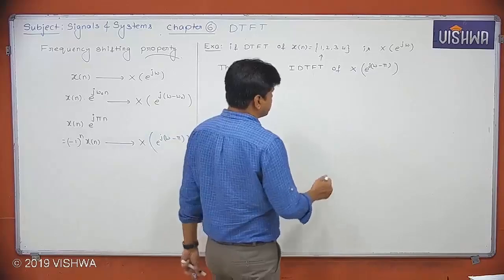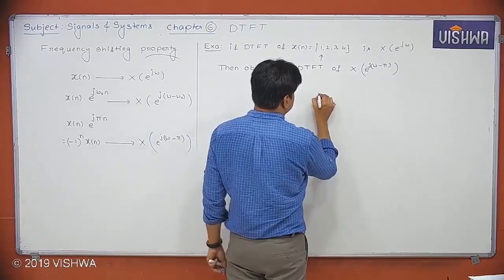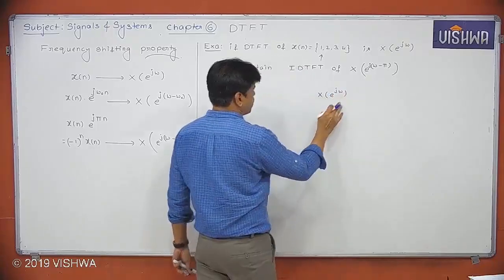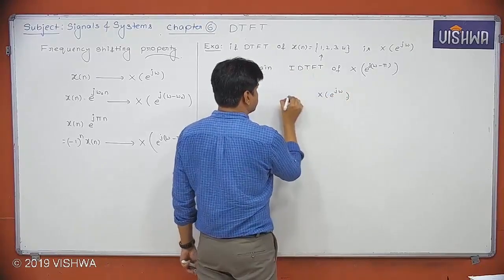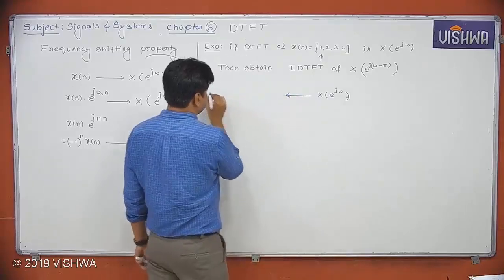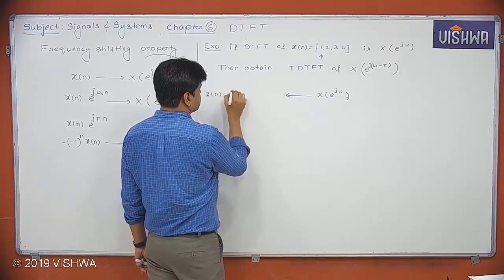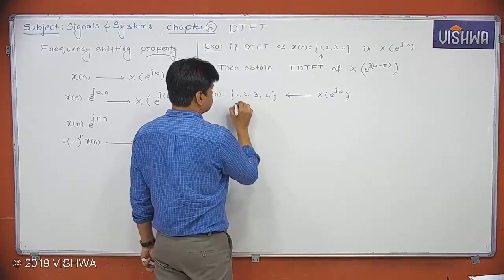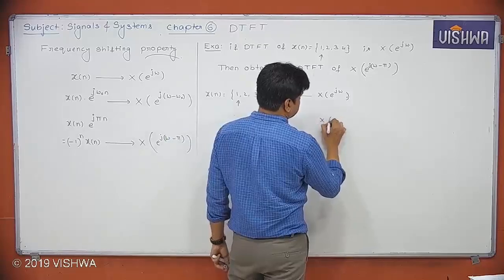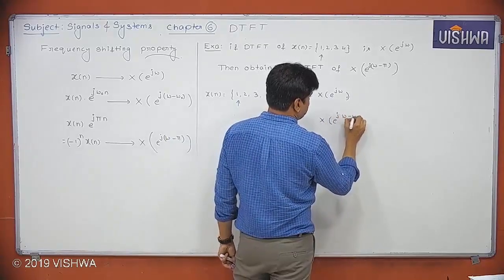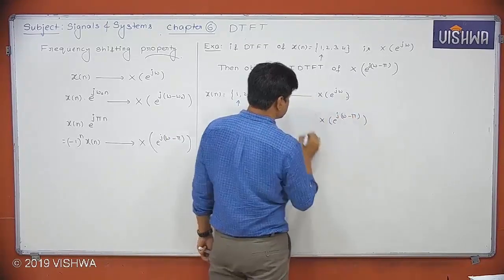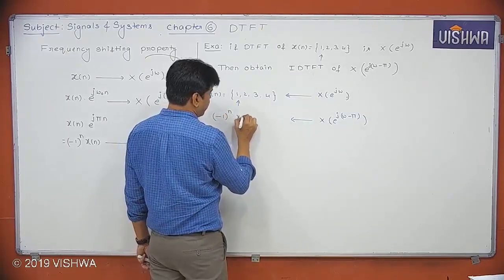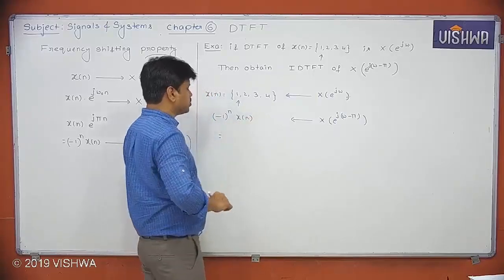So x of e power j omega in the frequency domain gives you x of n, which is 1, 2, 3, 4. Then x of e power j (omega minus pi) gives you minus 1 whole power n x of n. What does that mean?